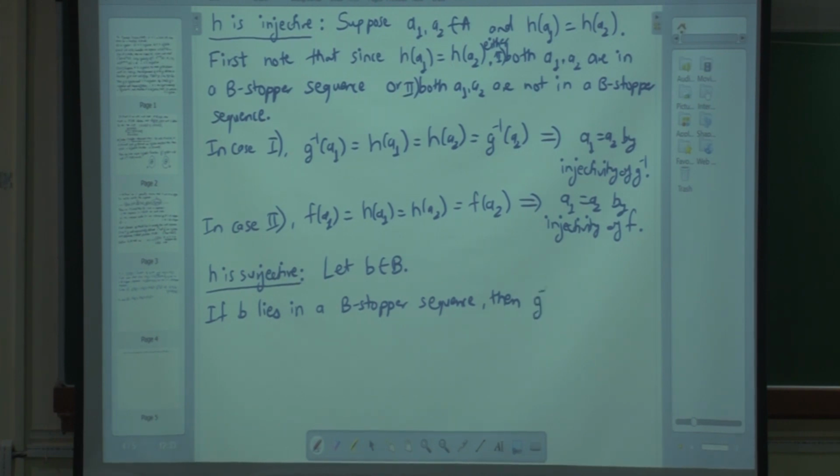So g inverse of gb is equal to b, and then what can you say? We are in a B-stopper sequence. So if b belongs to a B-stopper sequence, then gb also belongs to a B-stopper sequence.